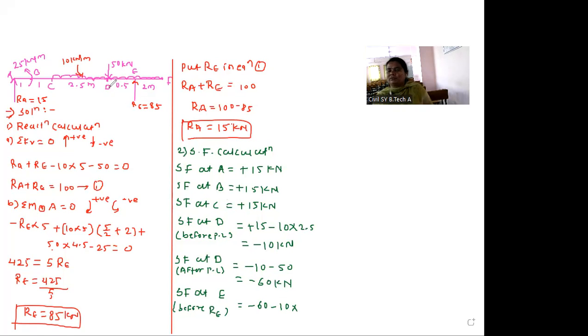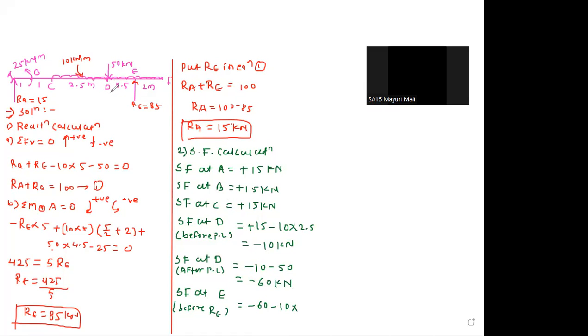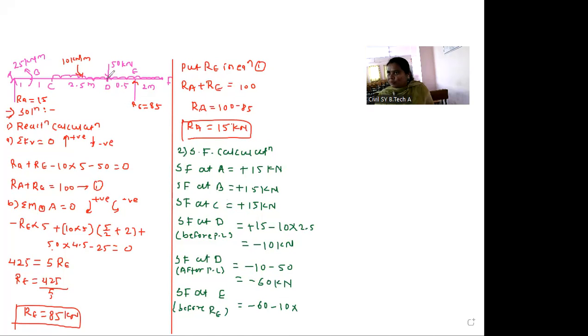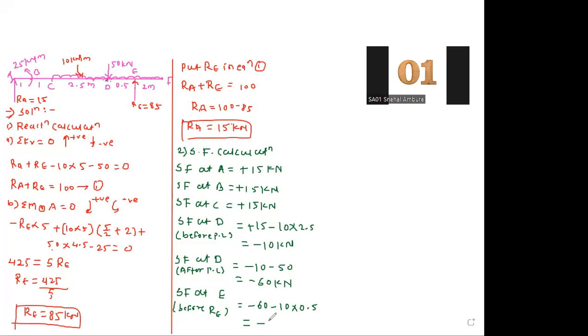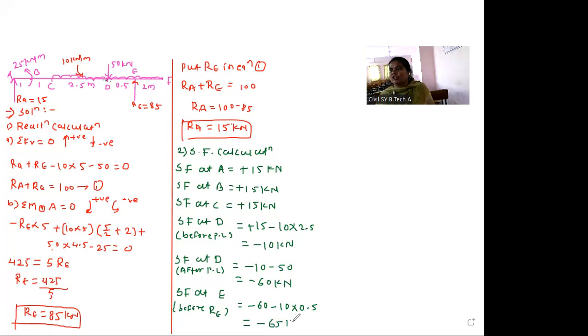So span is 0.5, since we are dealing in between D to E. Now you calculate and tell me shear force at E. Minus 65 kilonewton. Okay, now we will calculate shear force at E, but considering this RE.